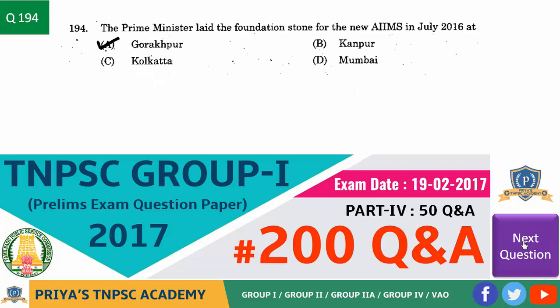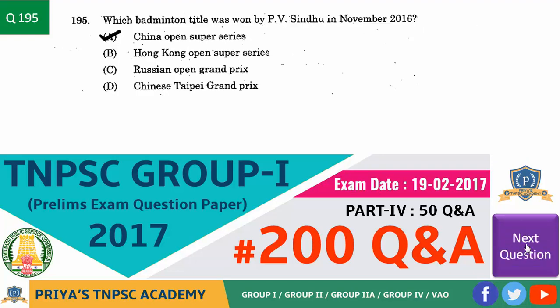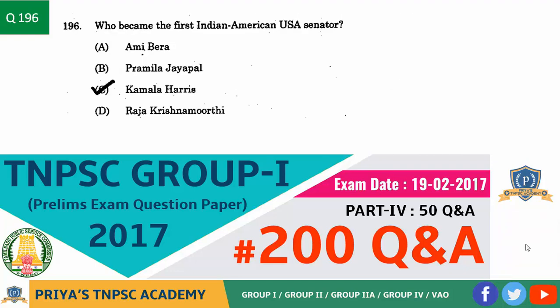Next question. The Prime Minister laid the foundation stone for the new AIIMS in July 2016 at? Answer is option A, Gorakhpur. Next question. Which badminton title was won by PV Sindhu in November 2016? Answer is option A, China Open Super Series. Next question.